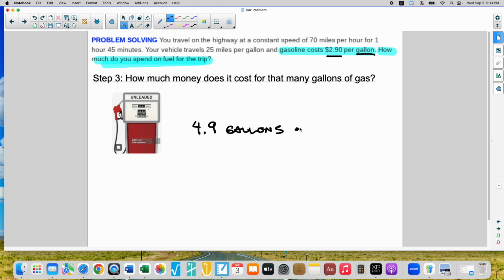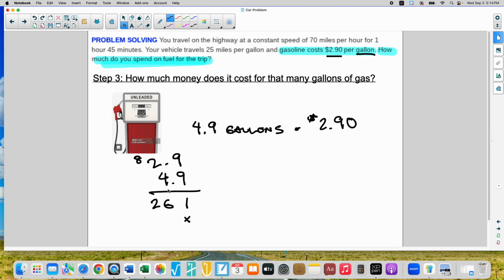So I'm going to multiply that by $2.90, and we get 4.9 times 2.9. We don't need the 0 when we're calculating, when we're multiplying. So 9 times 9 is 81. 9 times 2 is 18, plus 8 is 26.